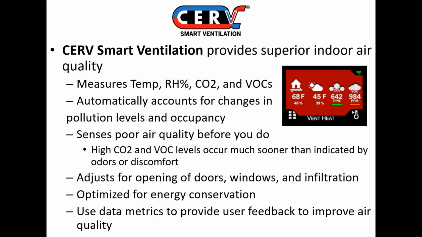And then by recording this data, we can use these, with different metrics and analytics, to provide feedback to the user. So you can see over time how is the performance of your house? You can see if there's any issues. That way, do you need to make adjustments? Or do certain activities or other things in your home, how are those impacting your air quality?